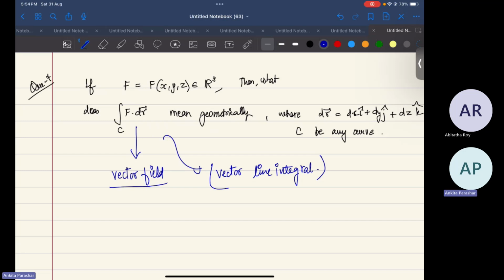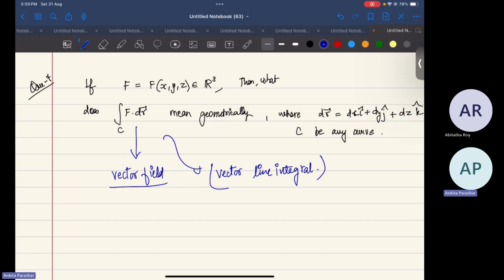Okay, if I ask you a random question, suppose you are pushing a wall. Of course you will not be able to move the wall, right? But you're pushing, you are putting force on it, but it's not moving.